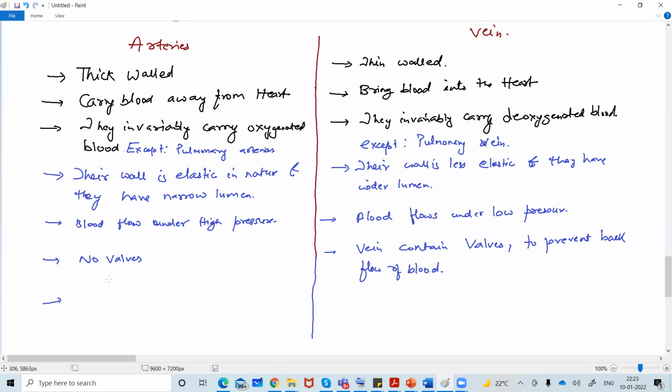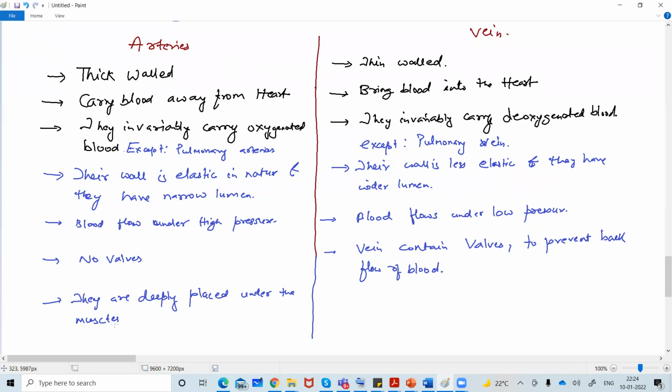If you see the location, exactly where these blood vessels are present, arteries are located deeply under the muscles. They are not exposed outside. You can say that they are deeply placed under the muscles.